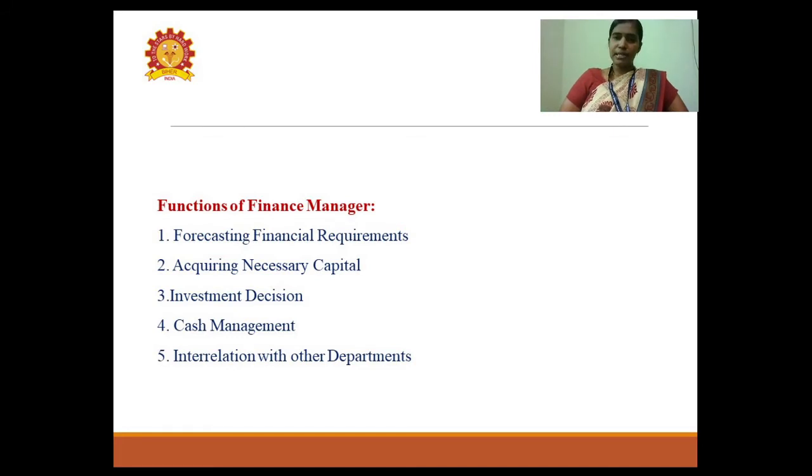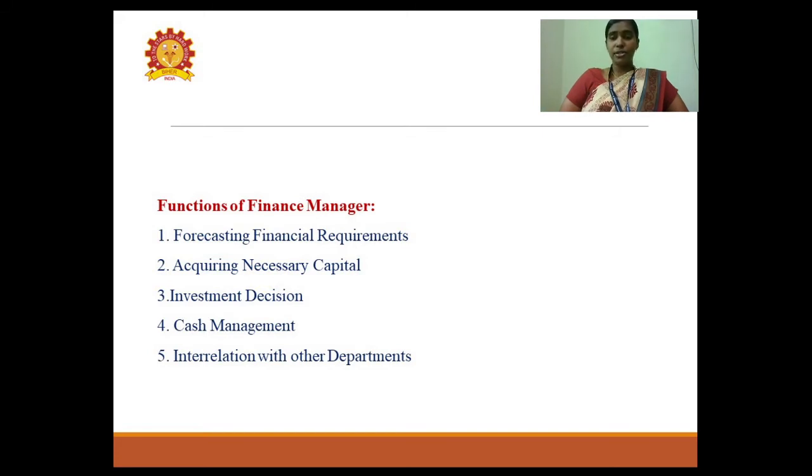First one, forecasting the financial requirements, acquiring the necessary capital, investment decision, cash management, interrelation with other departments. First and foremost function: forecast the financial requirements. What financial requirements may come for our organization? Second, acquiring necessary capital, where he has to get it. Third, where he has to invest, and cash management in the organization.